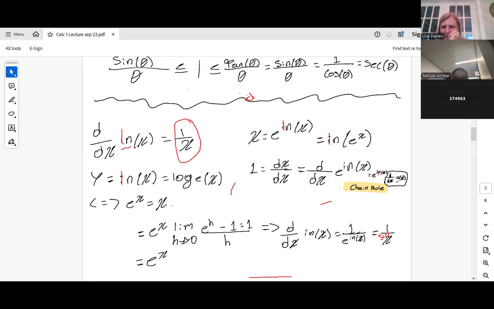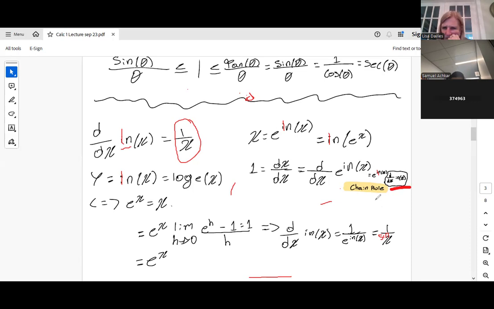E to the ln of x. Should be e to the ln of x times 1 over x. So it should be e to the ln of x over x. And I can't really read what you've got. Let me make it a bit bigger here. Oh, it's not getting bigger. What you've got in this box here, oh, sorry. I can read it out to you if you want.